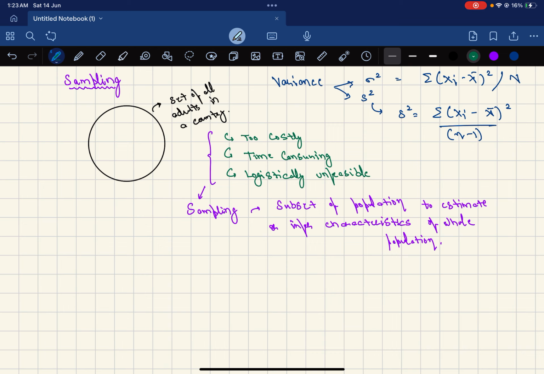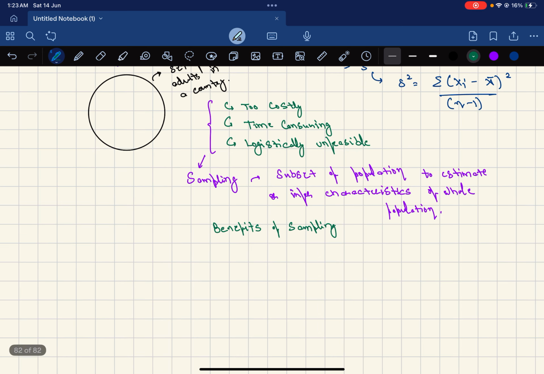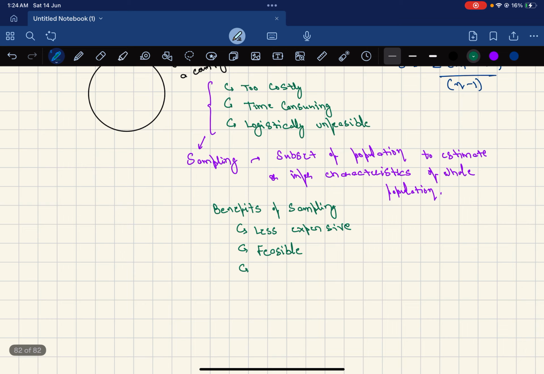Now what could be the benefits of sampling? Benefits of sampling come directly from the reasons for sampling. Since the reason for sampling was that it was too costly, it is less expensive. Since it was logistically unfeasible to take the survey for all the adults, this becomes feasible, by which I mean it is easier to collect and analyze.